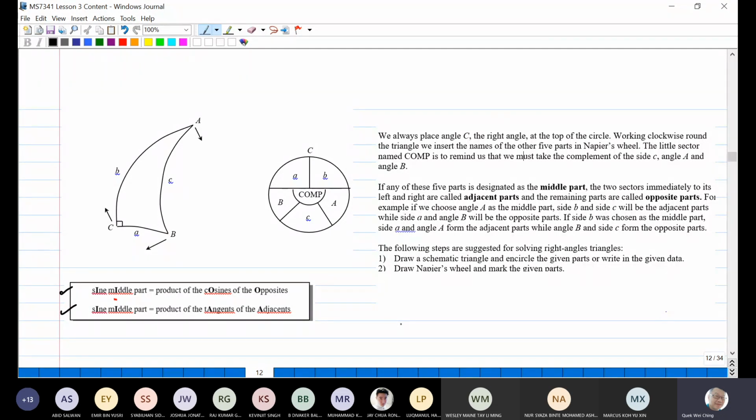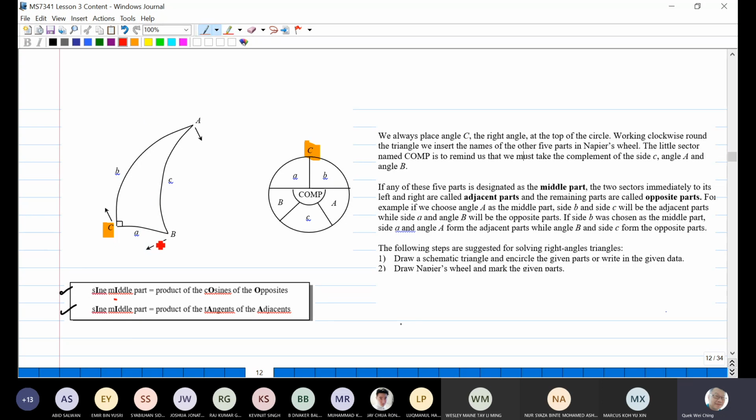The first thing is to always put the angle C, 90 degrees, on the top right here. Then you go clockwise. How do you get to 90 degrees?